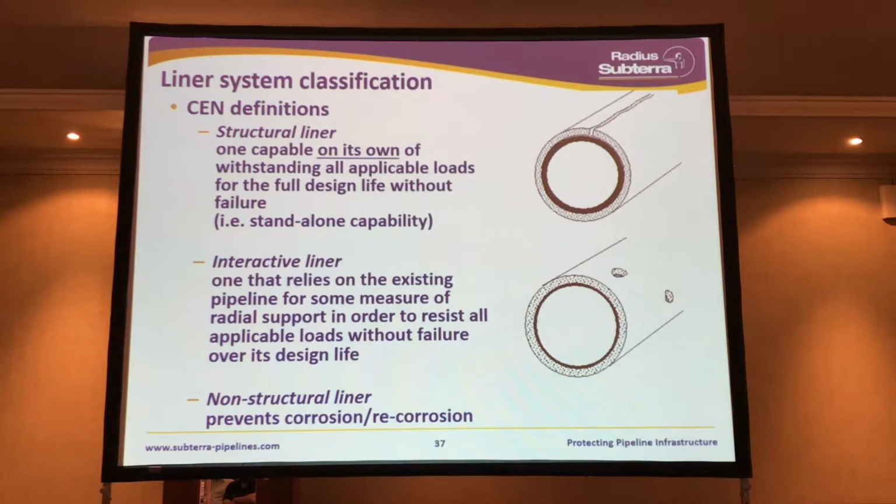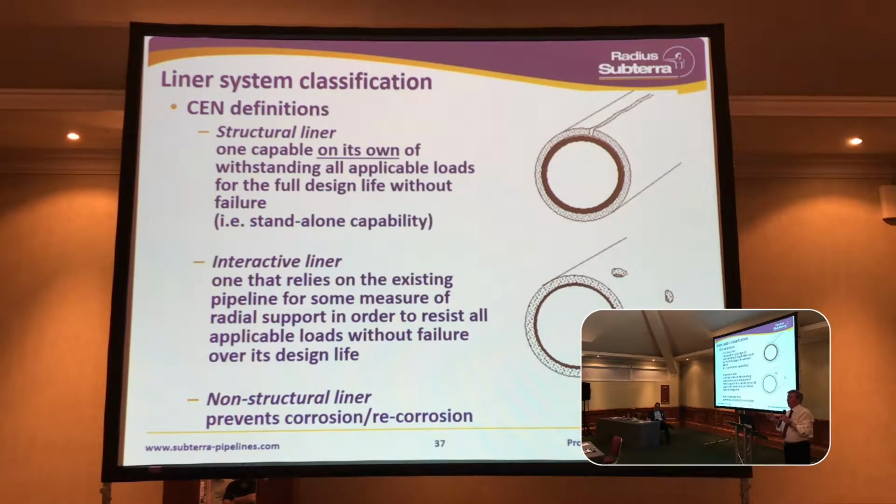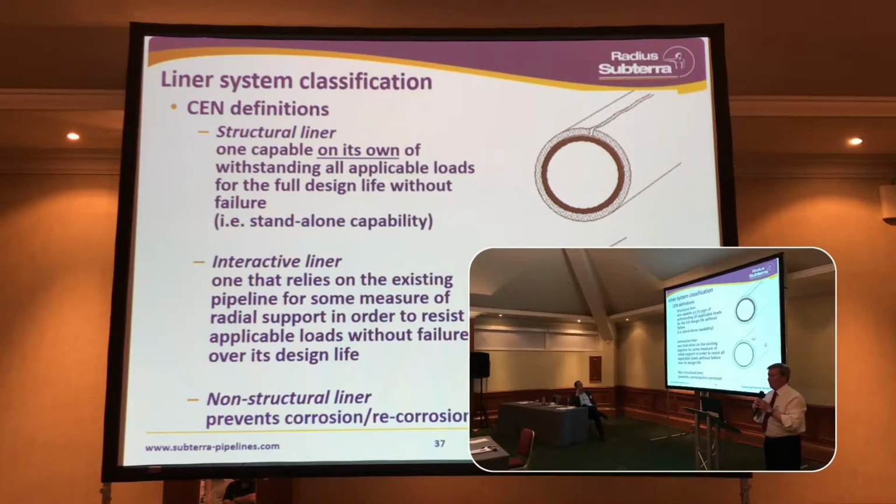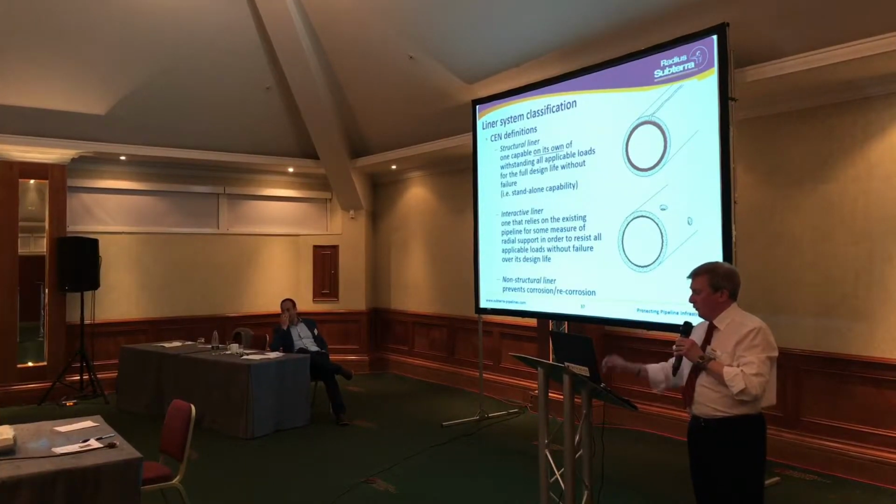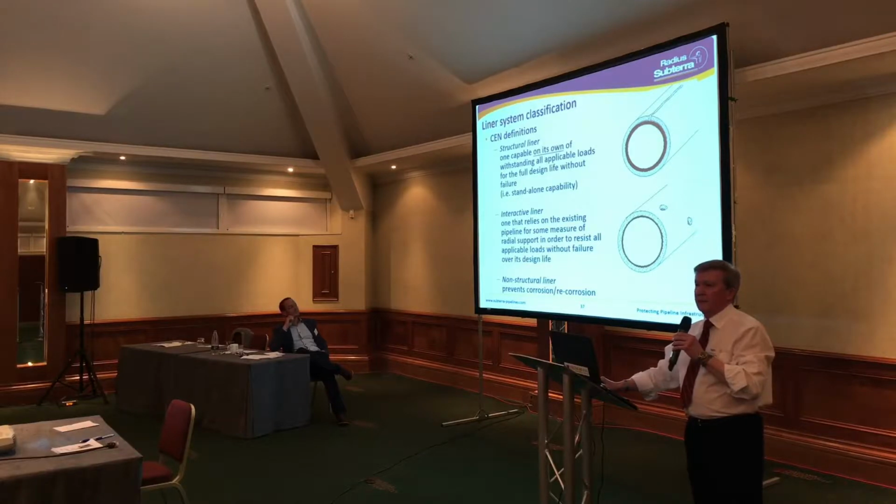loads. An interactive liner is one that relies on the structural strength of the host pipe to provide the primary pressure containment envelope for the lined pipe system. The liner itself simply acts as a membrane inside that to cover over holes or perhaps leaking pipe joints which might be present either initially at the time of the installation or which might appear during the course of the design life of the rehabilitated pipeline.